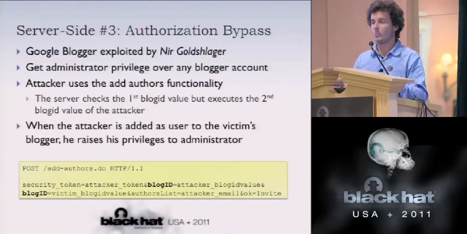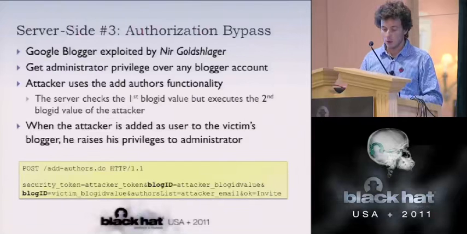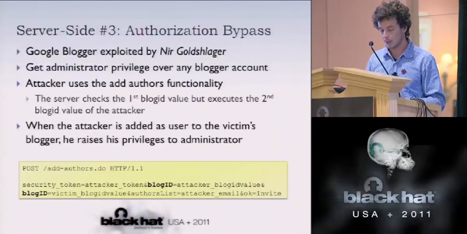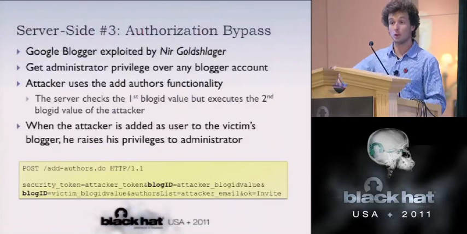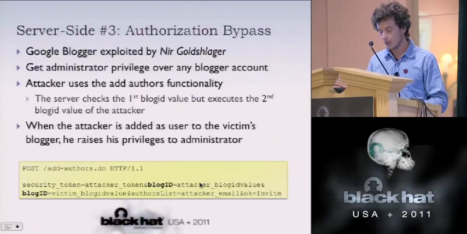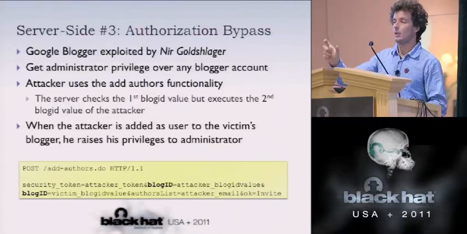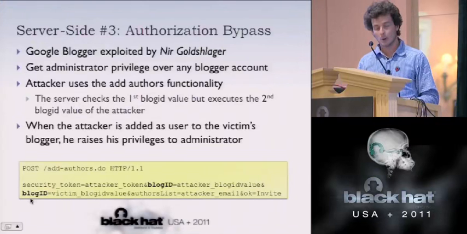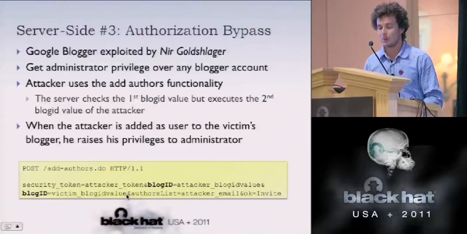You register on Blogger and open a personal blog for yourself. Then you log in to your blog, and you do a post, the normal post that you make when you want to add an author to the blog. Here you specify the attacker blog ID value, which is the blog ID of the blog that you just registered, and then you append another blog ID parameter where you specify the victim blog ID value.